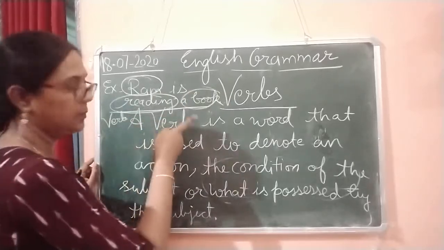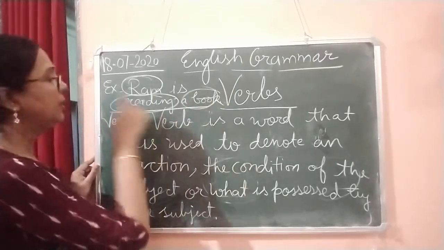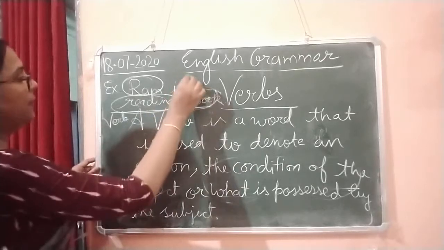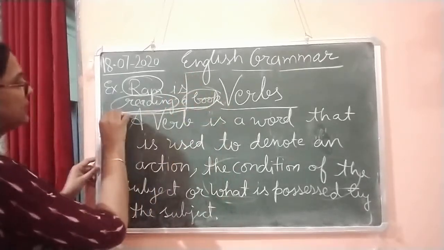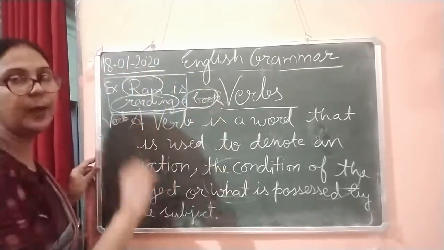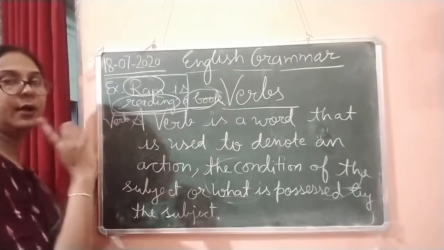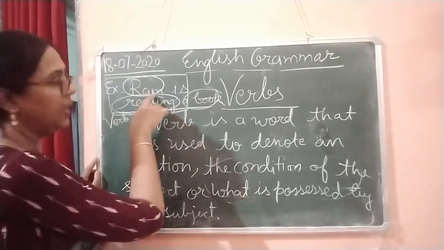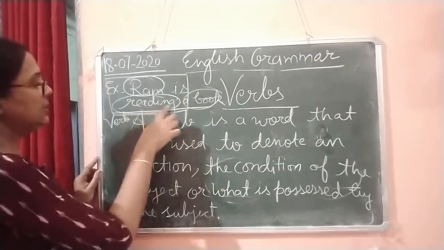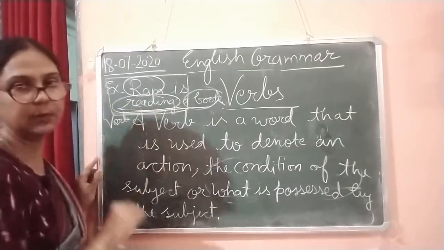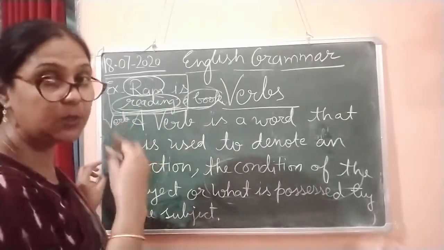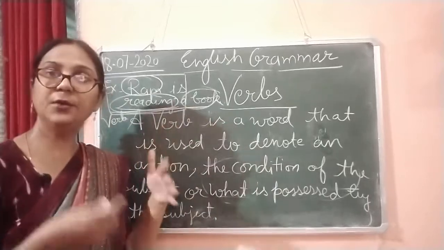Later we will talk about the object, but if we see only this part of the sentence, we recognize this is the subject and this is the verb. Ram is doing something. Ram is reading.